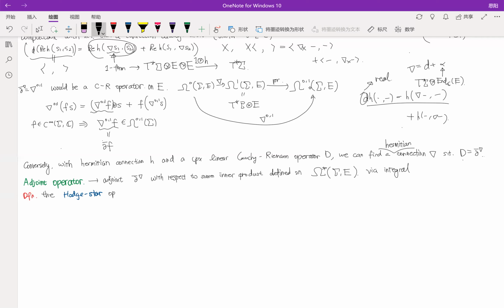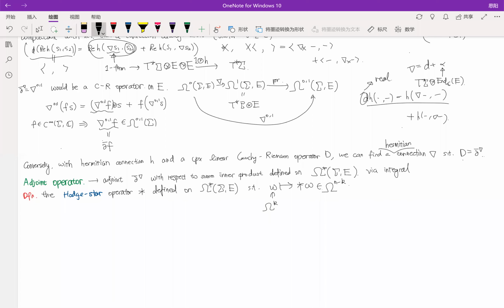inner product. The Hodge-star operator star is defined on the base of all differential forms such that it maps omega to the orthogonal complement star omega, where if omega is in omega k, then the orthogonal complement will be in omega n minus k.